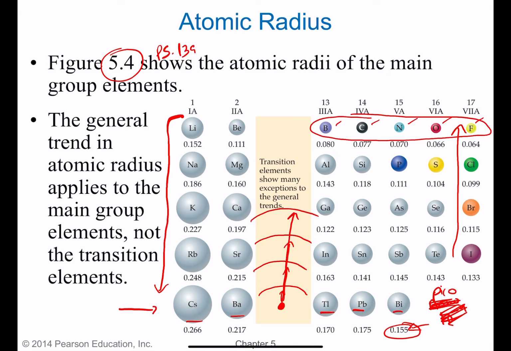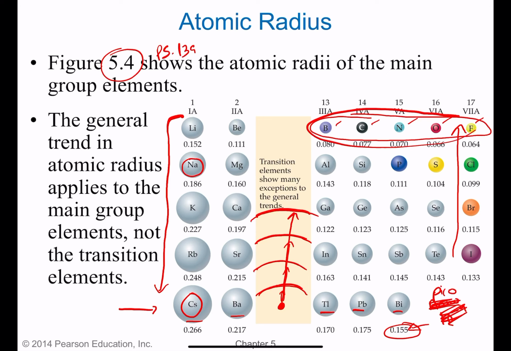As we add more electrons to elements, for example cesium has more electrons than sodium, those electrons need to go somewhere, and they end up in energy levels further and further away from the nucleus, which is why the larger elements are further down the periodic table and the smaller elements are up near the top.